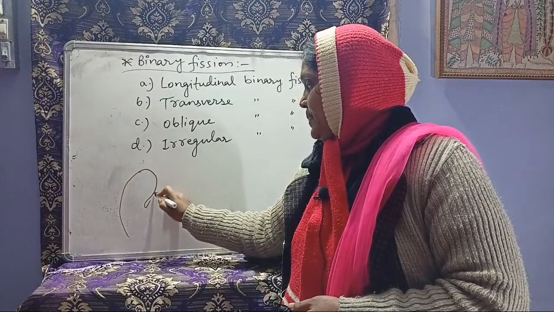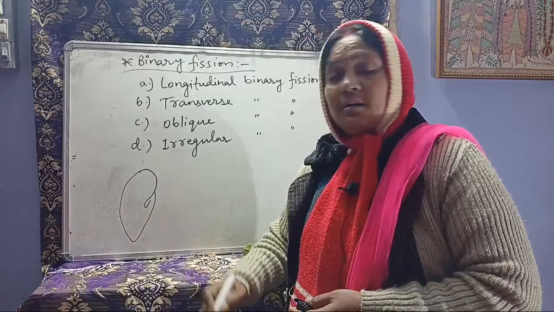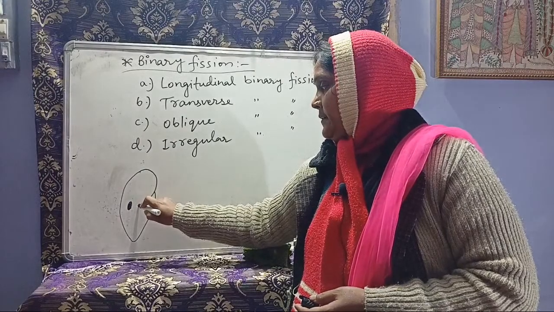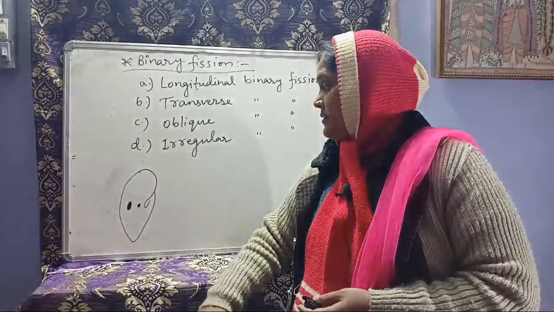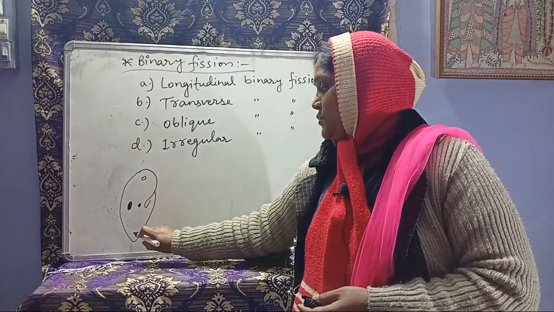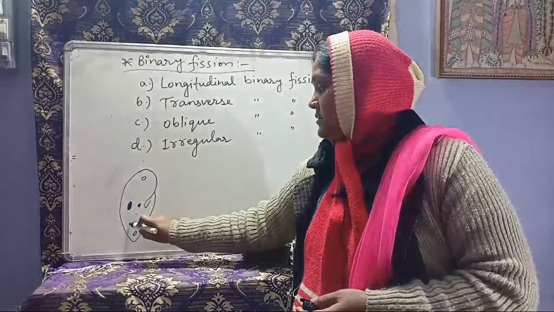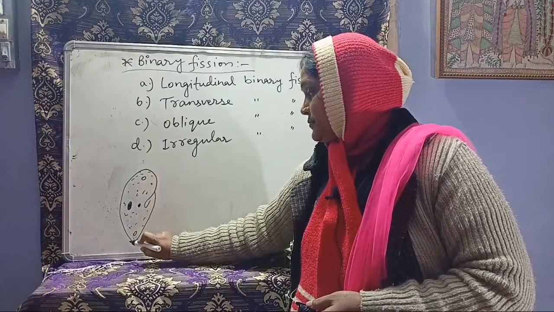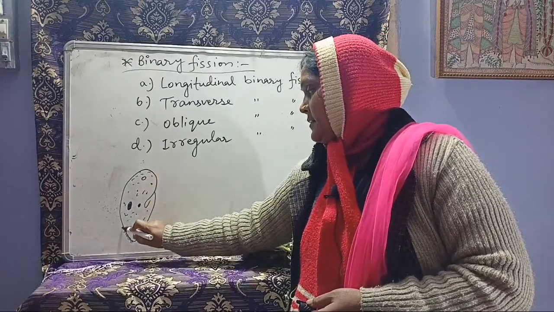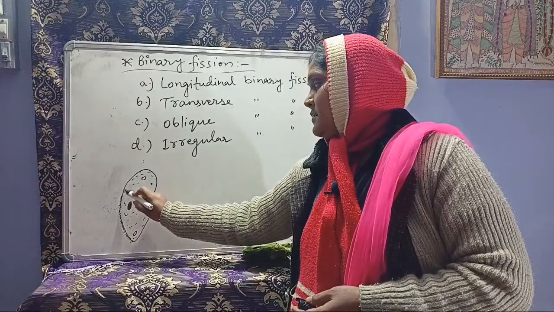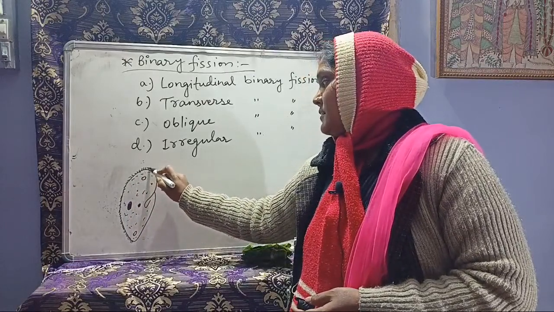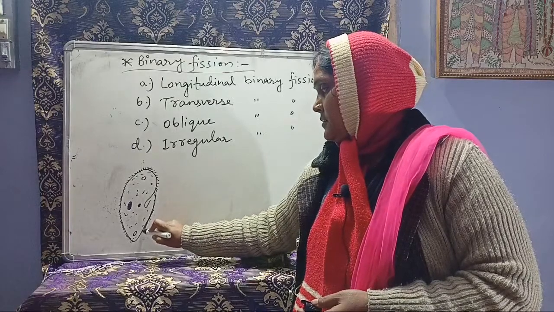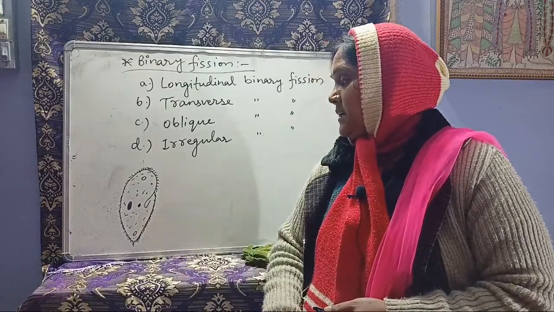Paramecium is a unicellular organism containing two nuclei, two contractile vacuoles, cytoplasm, and small hair-like structures called cilia.